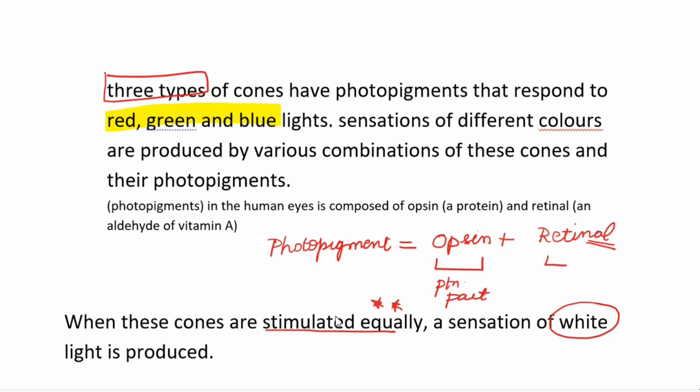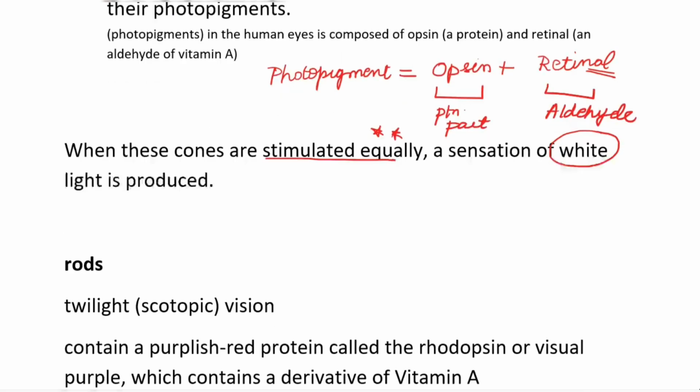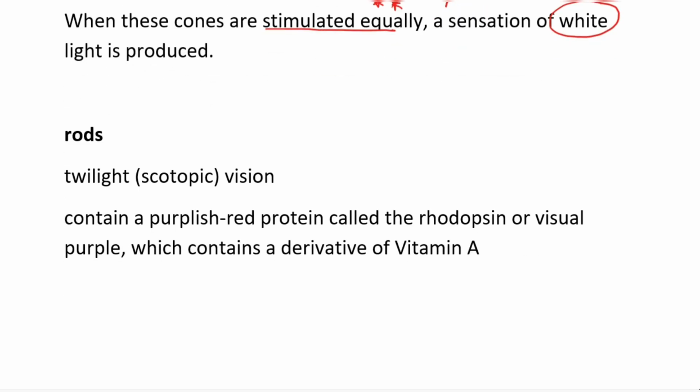So the photopigment is composed of a protein called opsin and an aldehyde called retinal. It's not retinol. When it's OL, it is an alcohol. When it is AL, retinal, it's an aldehyde. So be very careful with the spelling given in the option. Don't ever make the mistake of choosing retinol.